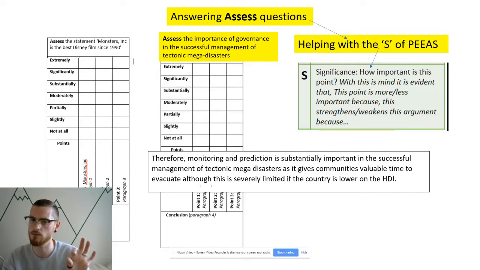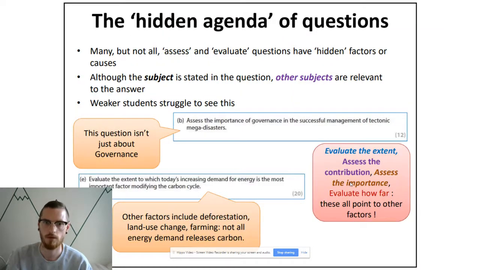And I'm making a little bit of judgment here, tweaking it further to show that I'm evaluating to a higher level, as although this is severely limited if the country is lower on the HDI. 2 or 3 sentences, end of your PEE paragraphs, show you're making judgments, show you're assessing, show you're weighing up, showing you're being evaluative throughout your essay. Do it. Okay, last little bit on assess, then we're on to evaluate, and then we're done.